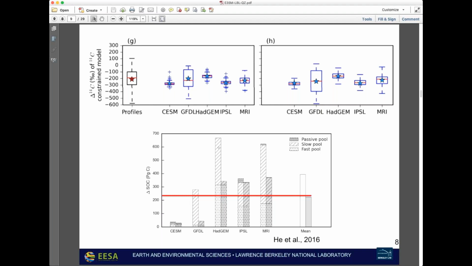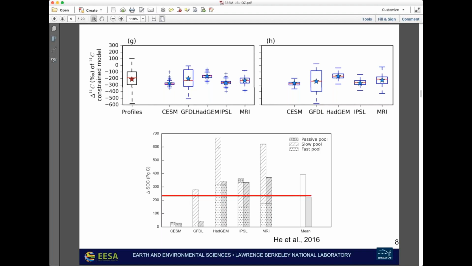And after correction, we can see that the Delta 14C, in terms of per mil, the bias is largely corrected compared with the profile, and also at global scale, they're quite consistent with the pulse scale estimate. And given this radiocarbon constraint, the change of 12C stock is about 250 petagram.